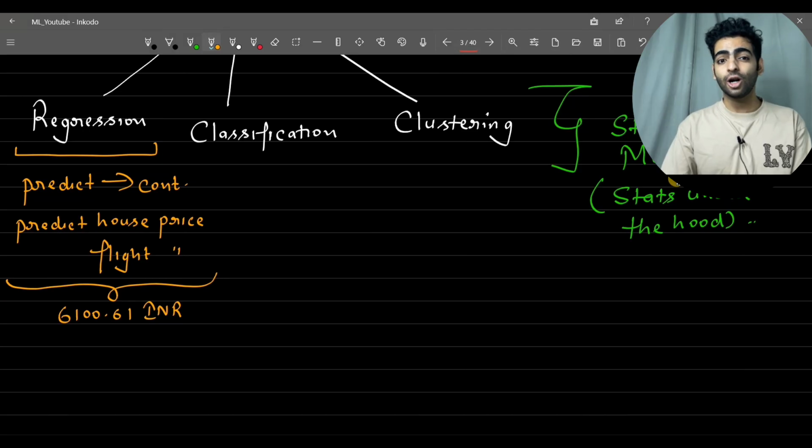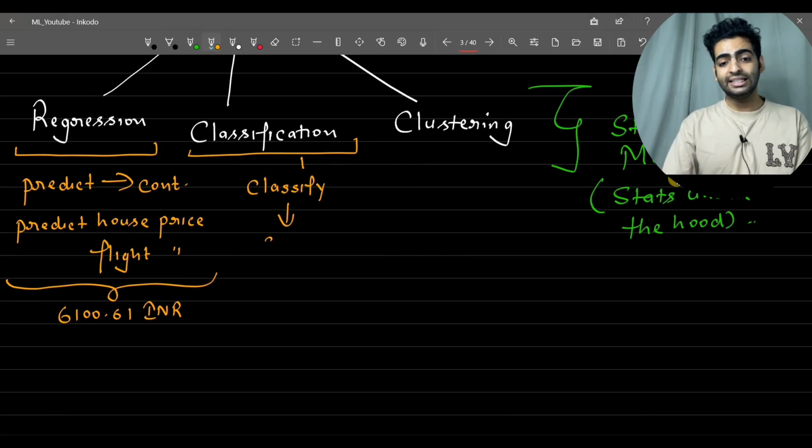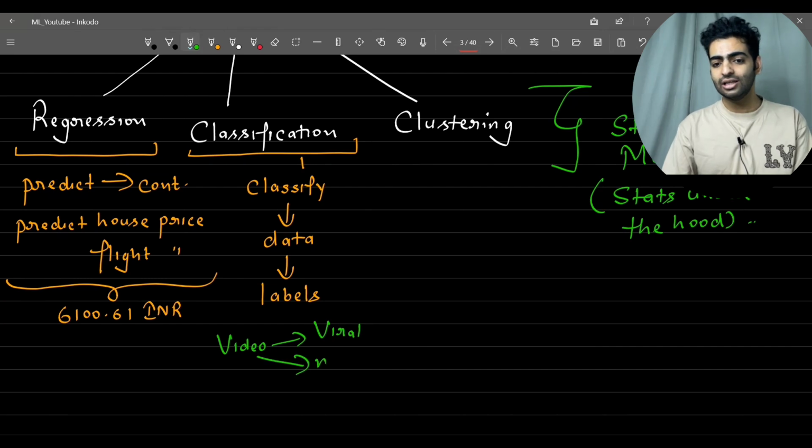So these are actually the continuous values. Whereas classification, on the other hand, is when you're able to classify your data into some labels or into some classes. Let's say the moment I upload a video on YouTube, whether it will be viral or not. So it has labels as viral and not viral, and that's what the classification algorithms are.